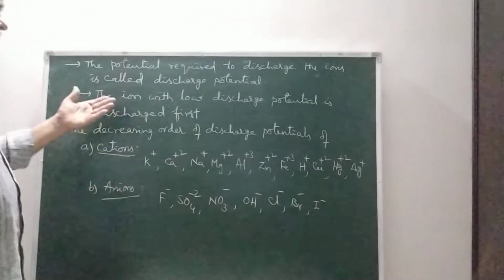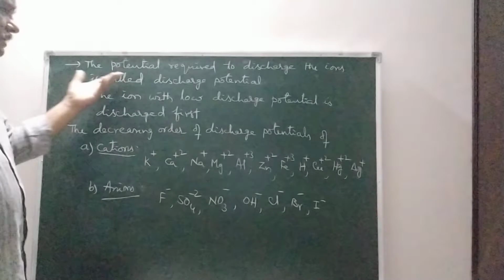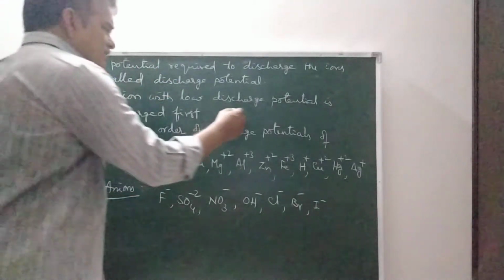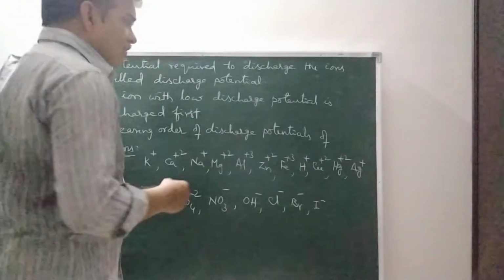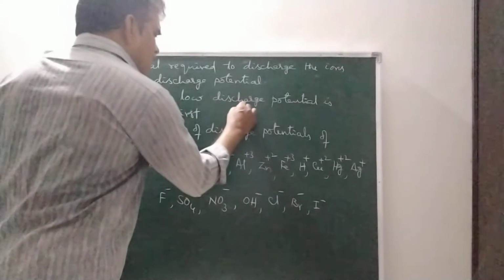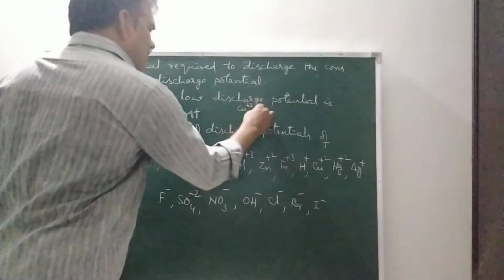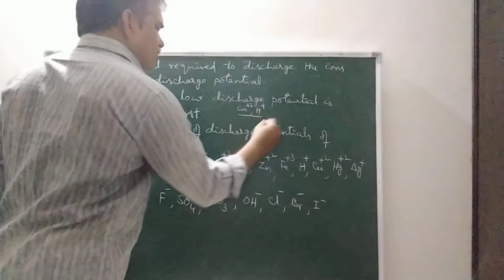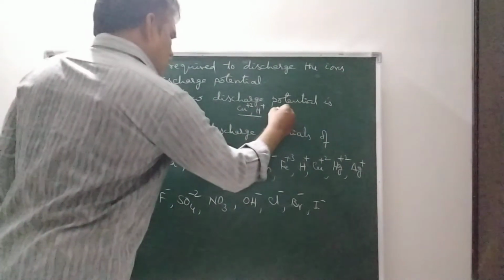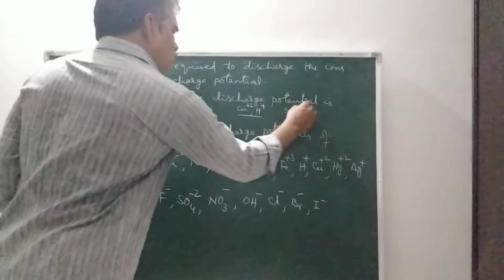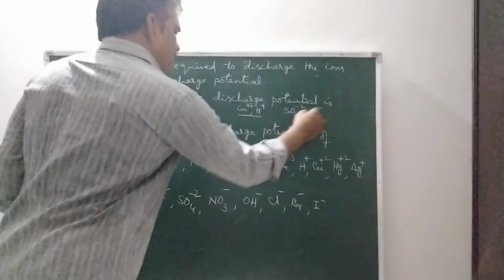Okay, if we apply this in the previous example, in aqueous solution of copper sulfate, which ions are present? Cu2+ and H+ at the cathode. At the anode, SO4 2- and OH- ions are present.